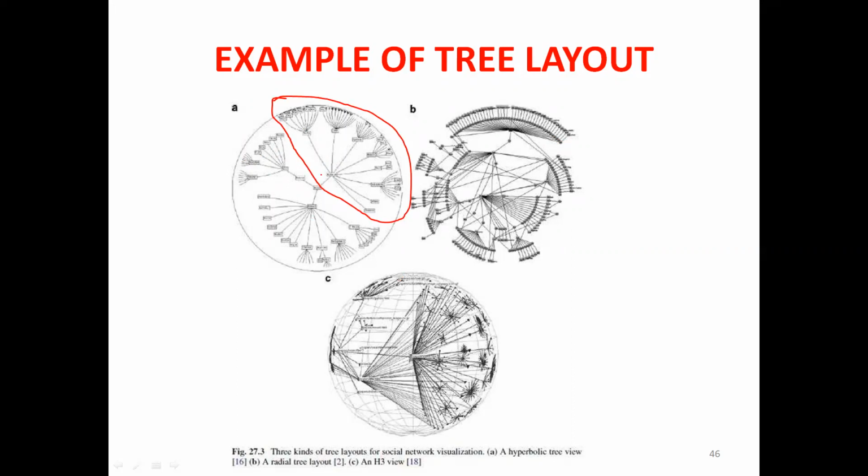This acts as the root node, and it has 1, 2, 3, 4, 5, 6, 7, 8 children. Again, the children have many children. So this is the tree layout. And this one resembles a 3D view, right? It is the H3 view.